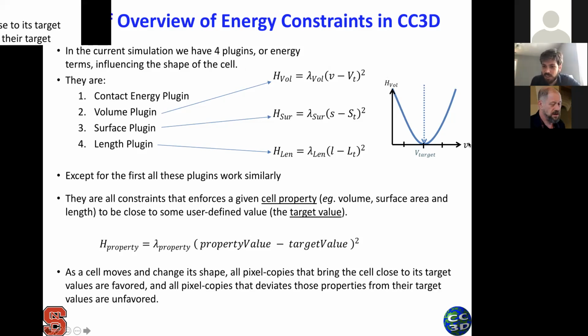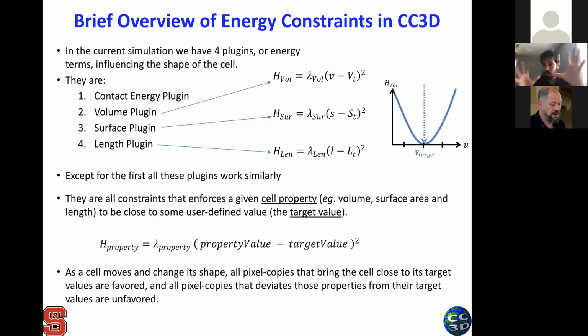Good question. What does volume mean in 2D? In 2D you don't really have a volume. What you have is an area and a perimeter, right? So in a 2D simulation, the volume of the cell is the number of pixels, or its area as you see from the top, and its surface is actually the perimeter of the cell.